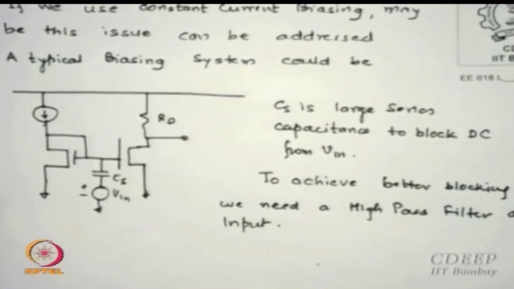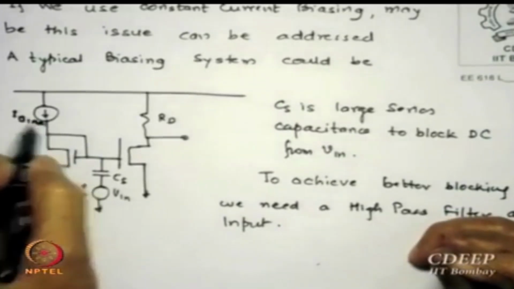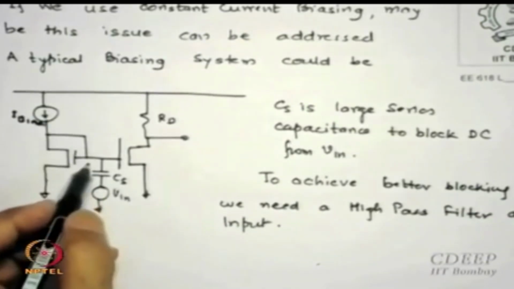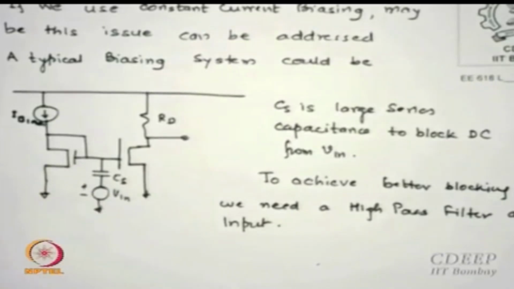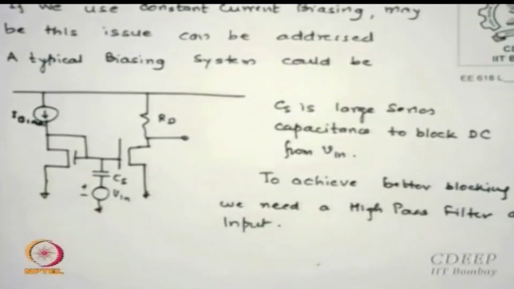This is, say, I bias, which is flowing through this transistor, and its drain is connected to the gate like a diode essentially, but the same gate is connected to the actual amplifier which you want to bias. This is the precursor of the mirror, that is the idea behind mirrors.